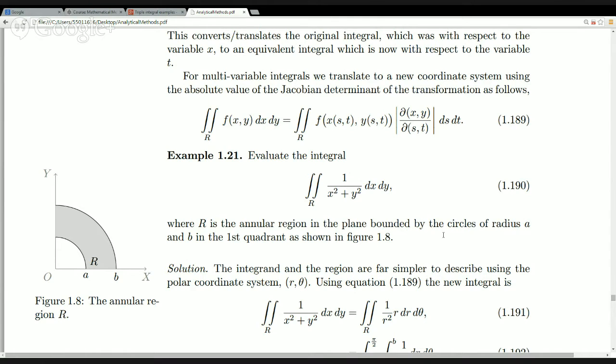So I get r squared sine phi, and then I've got the simpler determinant to do. I'm just left with minus sine theta, cosine theta, 0, and cosine phi cosine theta, cosine phi sine theta. And what's left there? Sine phi.